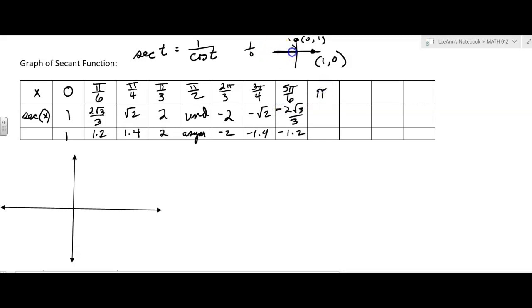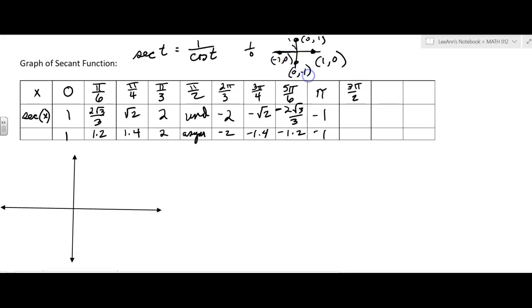Here we are at pi, and the coordinates for that point are negative 1, 0. So I'm going to get a negative 1 out of that for the secant. Now, let's think about the other quadrantal angles. Over here, I've got 3 pi over 2, and that's going to have the point 0, negative 1.